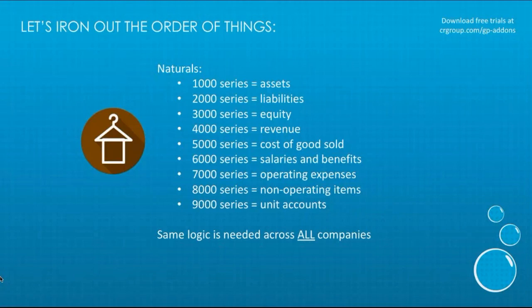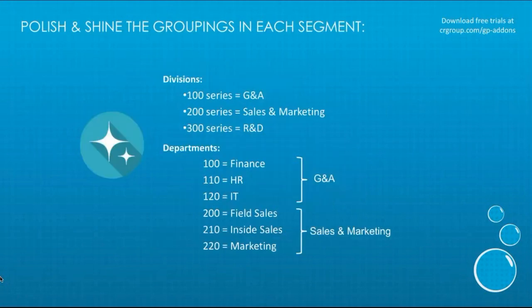So it could be depreciation, foreign exchange gains and losses, gain or loss on sale of assets, that sort of stuff sitting out in the 8,000 series. This will work really well. Whether that is 4 digits or 5 digits will largely depend on your organization and how big it is and how many accounts you have under that structure.